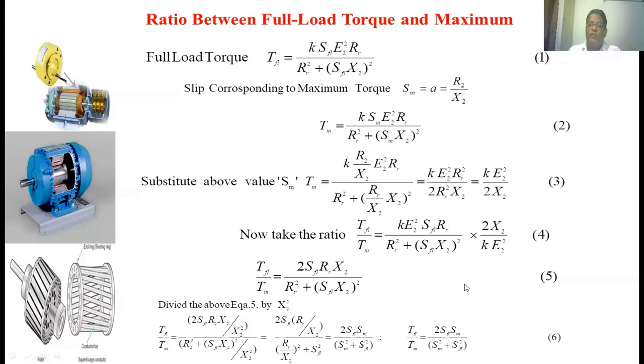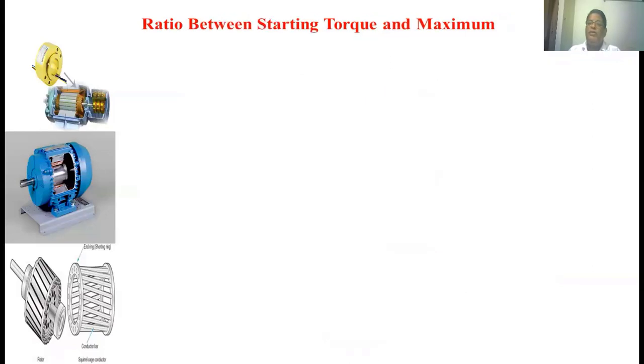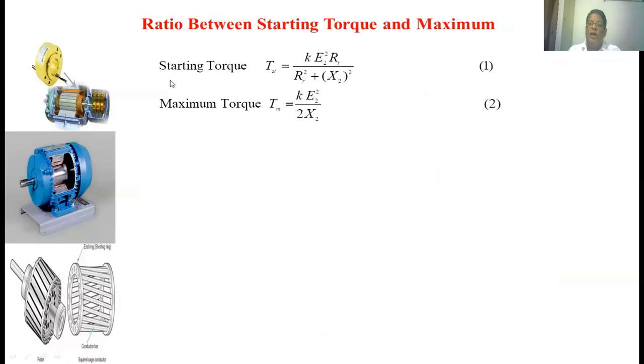Now we are going to find out the ratio between the starting torque and the maximum torque. Already we know the expression for the starting torque. T starting equal to K into E2 square RR by RR square plus X2 whole square. We also know the maximum torque, T maximum equal to K into E2 square by 2X2. Now we want to take the ratio between the starting torque and the maximum torque, so take the ratio between equation 1 and 2.